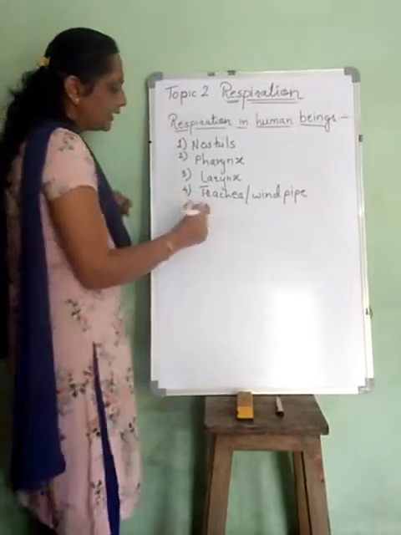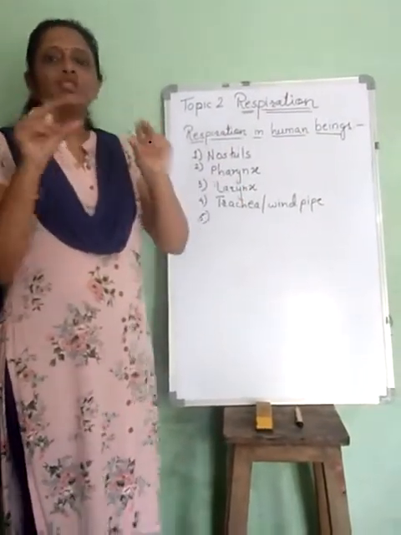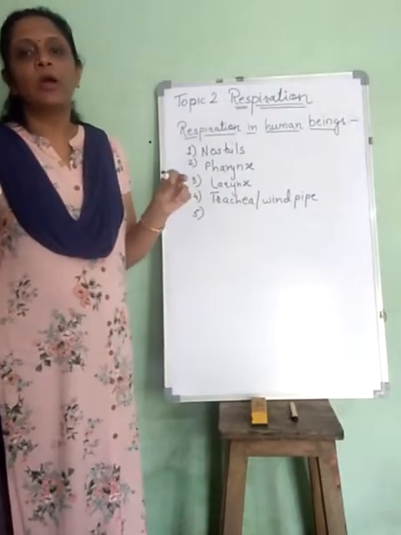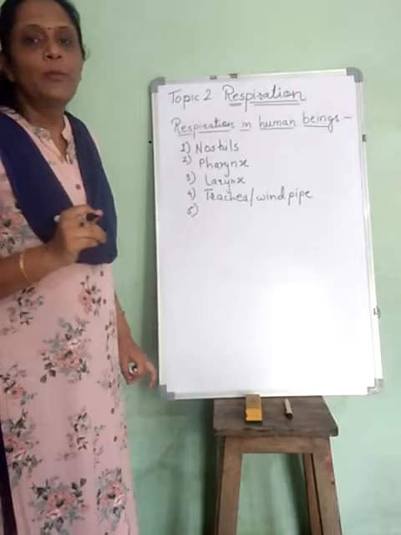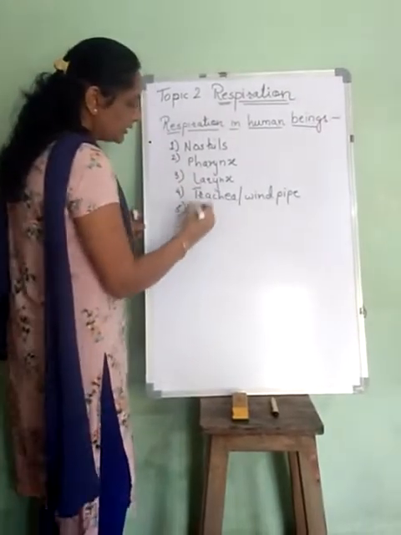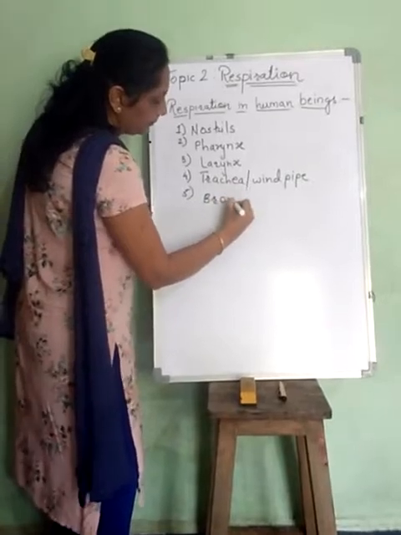Then the trachea divides into two branches, and these two branches are called bronchi. One is a bronchus and two are bronchi.